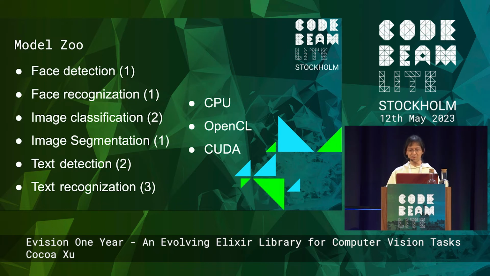Also, some models only support running on CPU, but some models support OpenCL and CUDA, so you can choose whichever is most suitable for your hardware, and you can allocate your hardware based on your needs.